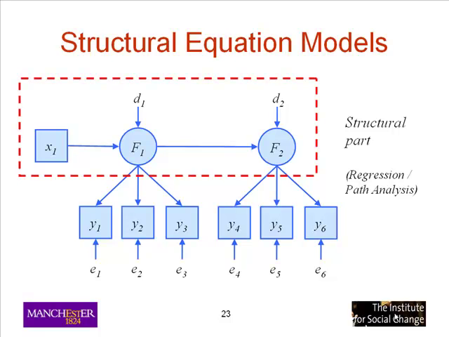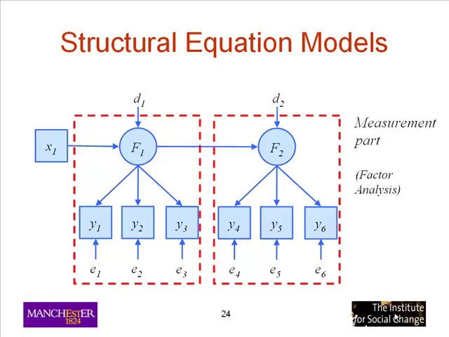And again, to use a bit of the jargon that tends to get used, we've got the structural part of the model, which is like the relationship among the variables of interest, the constructs that we really think are part of this causal sequence that we're interested in. That's like the regression path analysis bit, referred to as the structural model. And in this particular model, we've got two factor analysis bits, which we would call the measurement model.